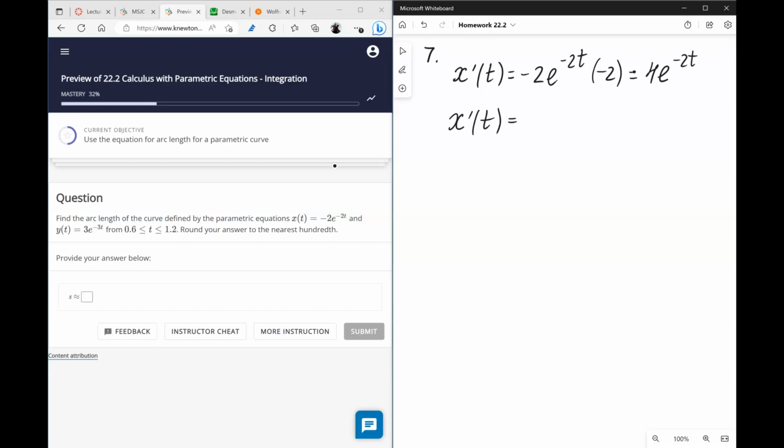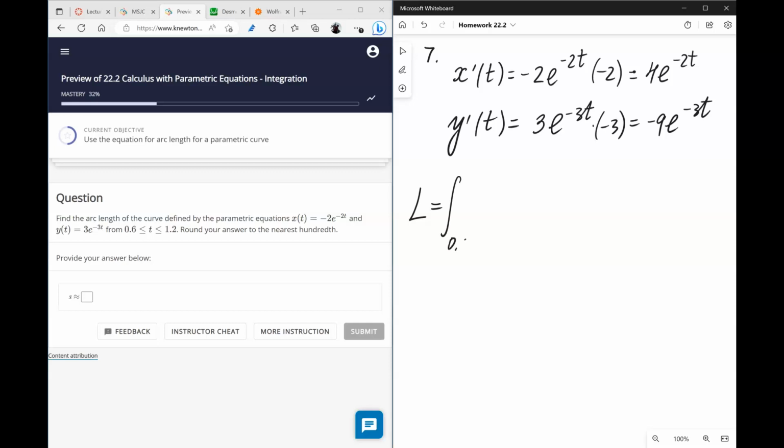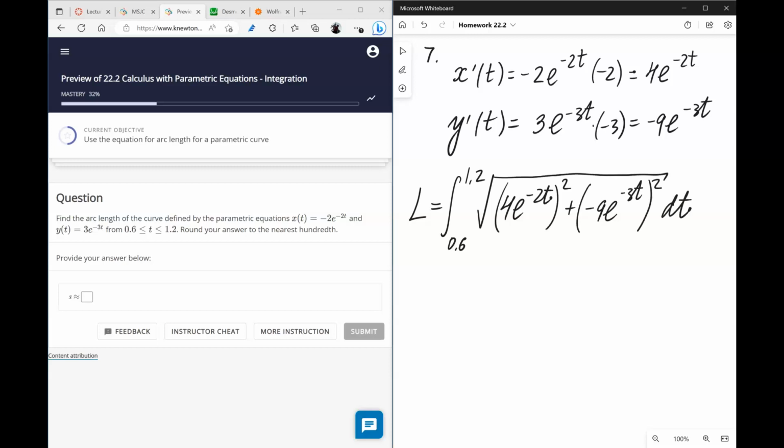What is the derivative squared? And I guess here we're going to be putting it into the computer anyway, so it doesn't matter. What's the derivative of y? It's going to be 3 e to the negative 3t times negative 3. So it's going to be negative 9 e to the power negative 3t. So the arc length will be the integral from 0.6 to 1.2 of square root of (4 e to the negative 2t) squared plus (negative 9 e to the negative 3t) squared, all that dt.